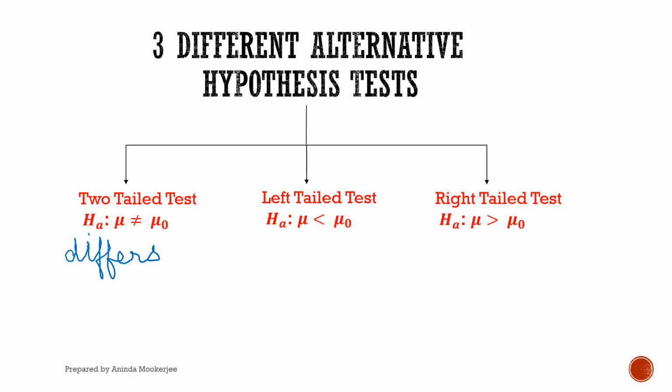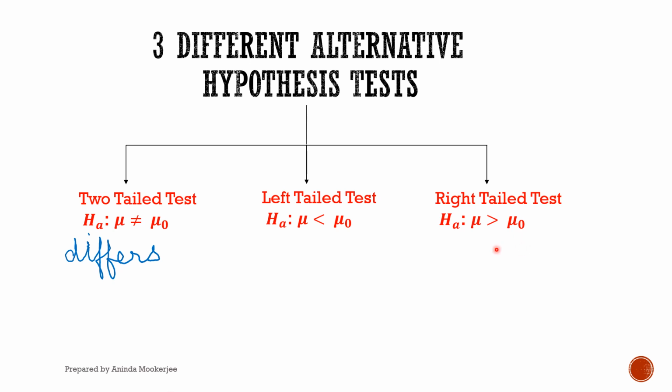The other one is H sub A colon mu less than mu sub 0. Here we are claiming that the null hypothesis mean is incorrect and that the correct population mean is a value less than whatever the null hypothesis mean claims to be. And then finally we have H sub A colon mu greater than mu sub 0.